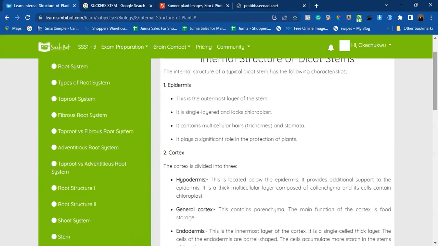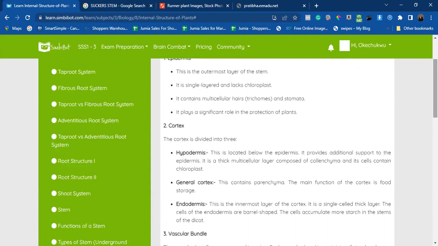Epidermis, the outermost part of the cell, provides support, lacks chloroplast. Sorry, it is single layered. It contains multicellular hairs and stomata. It is single layered, lacks chloroplast.